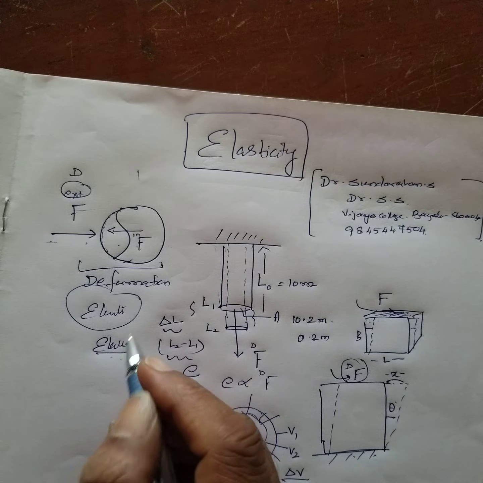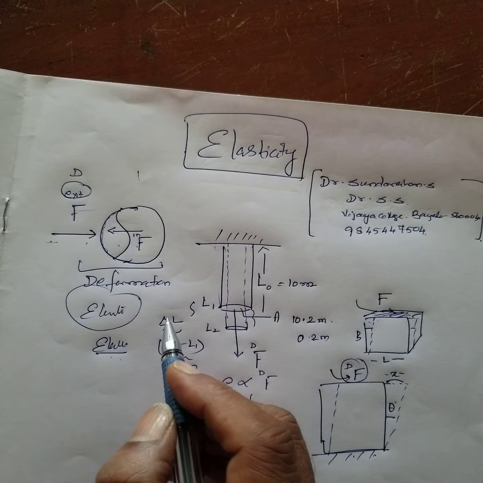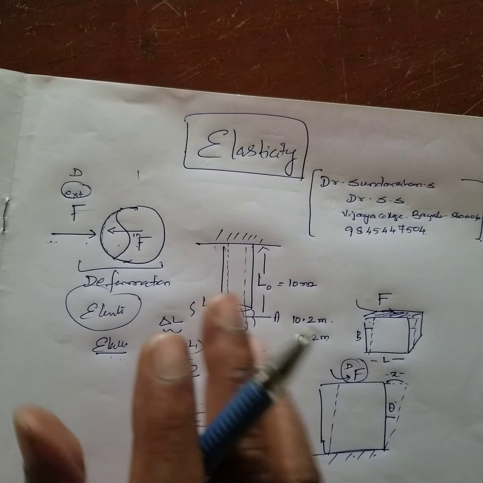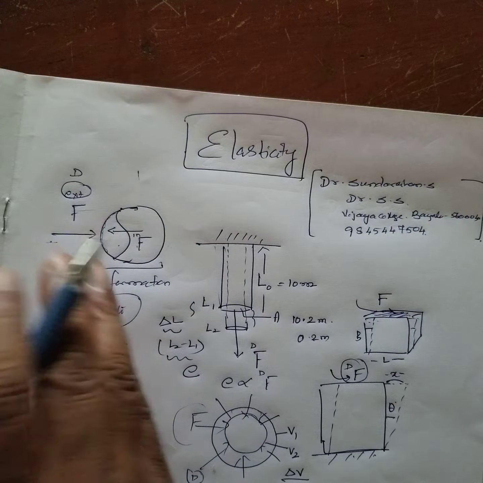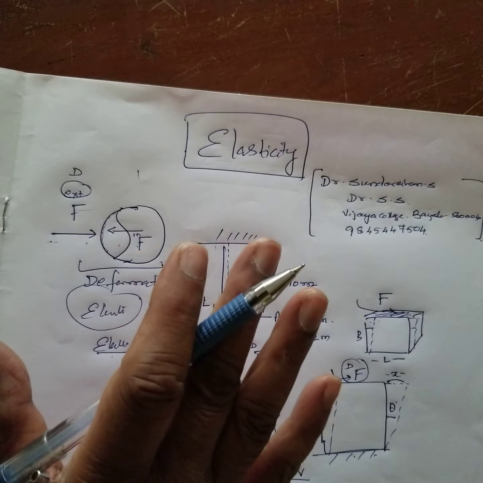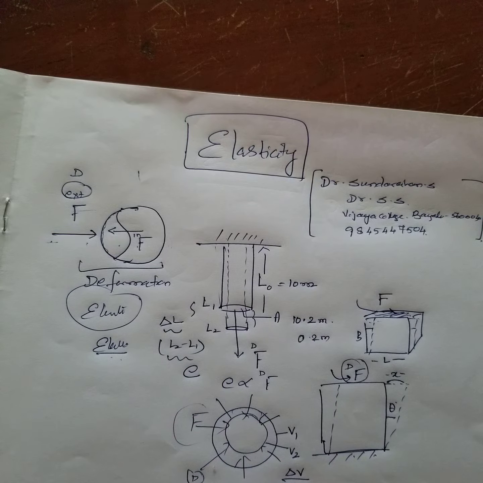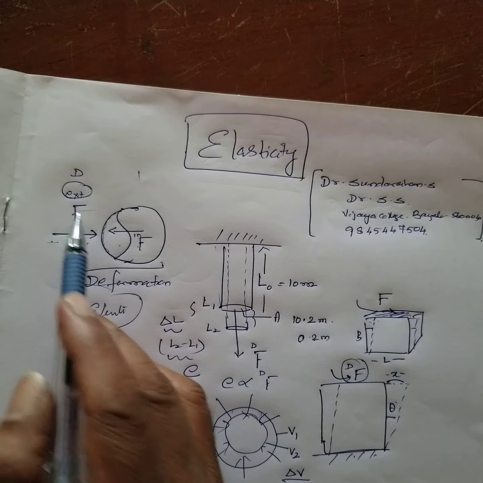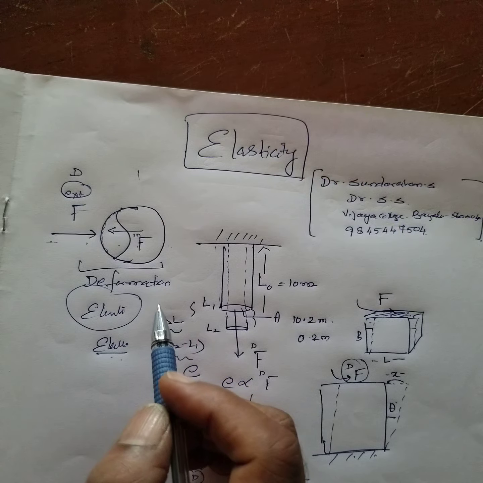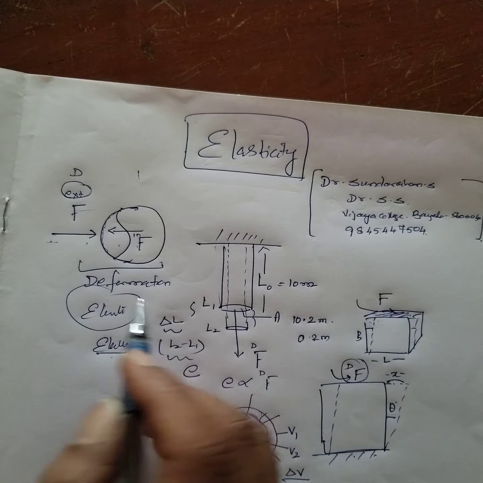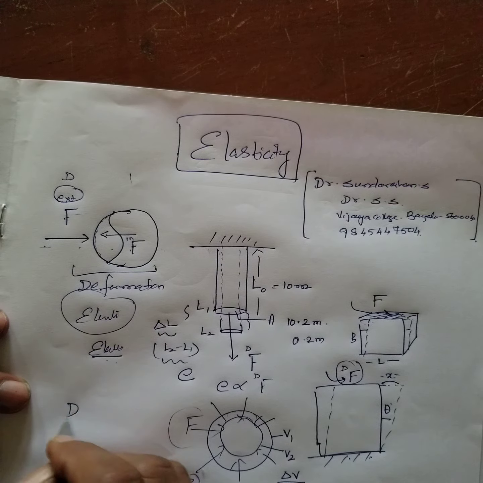Therefore, you can call it an elastic body when, after the deforming force is removed, the body regains its original shape and size. Then we can say the body is what? Elastic body. Or the force is called restoring, what is deforming force or external force? Therefore, what is deforming force?